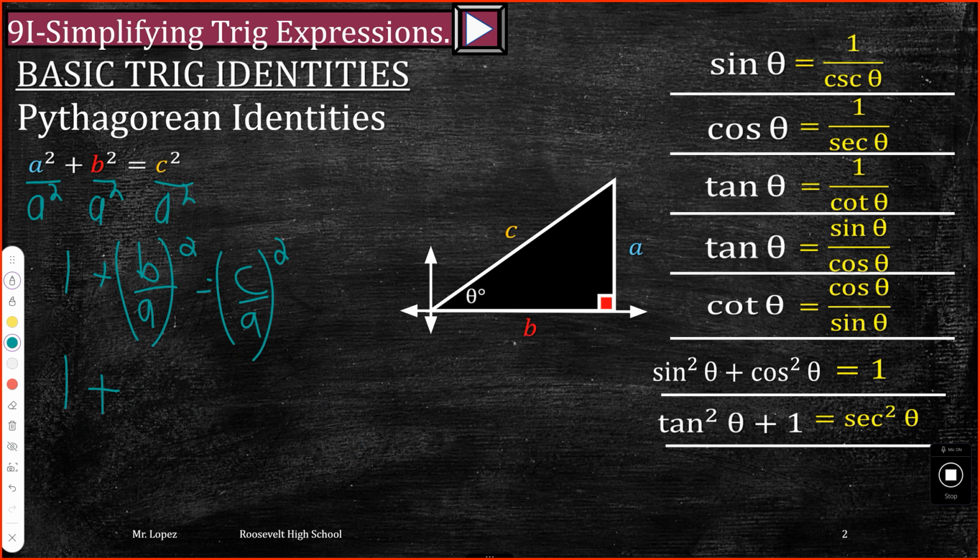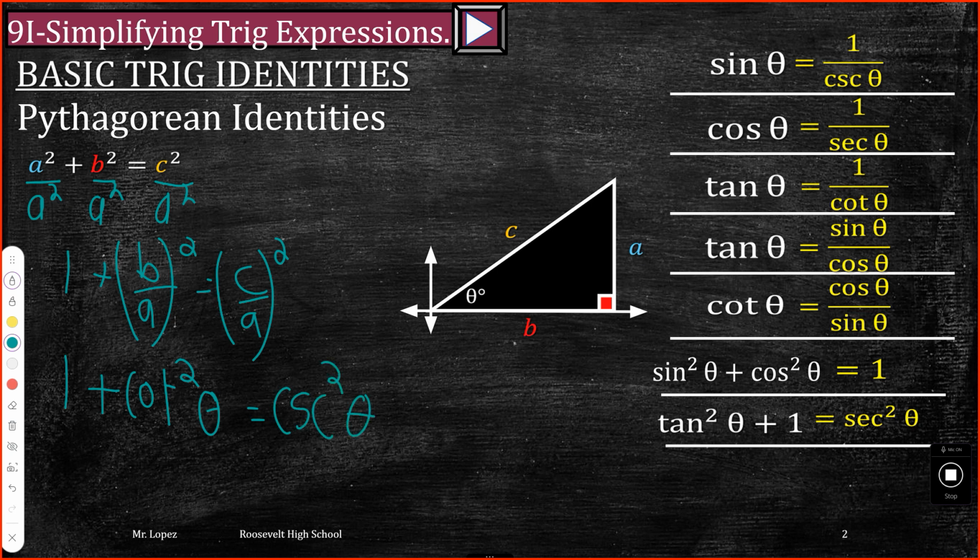Cotangent theta, so cotangent squared theta. And what's c over a? CSC squared theta.